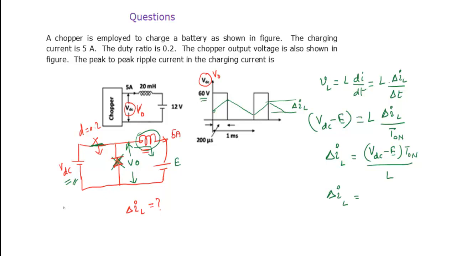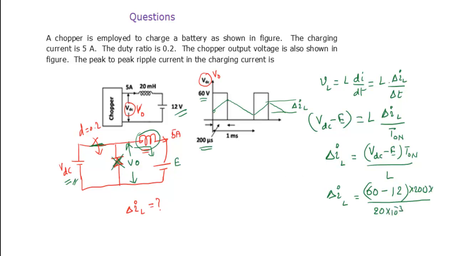That means VDC is given as 60. 60 minus back EMF, which is given in the question itself, 12, into T on, which is given as 200 microsecond, divided by L. L is given as 20 millihenry.